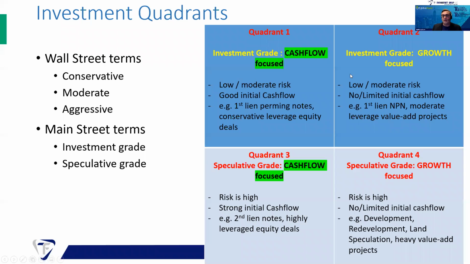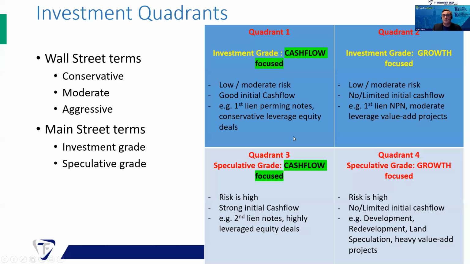So let's look at quadrant 1 first. So quadrant 1 is generally low to moderate investment risk, and it's a good cash flow quadrant. Typically, the deals that fall into this quadrant in real estate are such as first lien performing notes or first lien mortgages, as some people call them, typically at the conservative loan to value ratio, as well as conservatively leveraged equity deals.